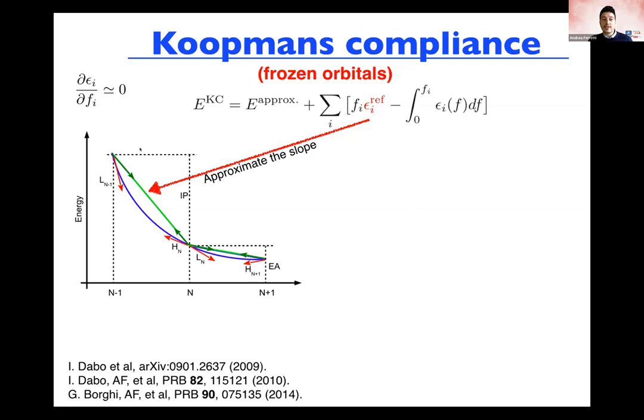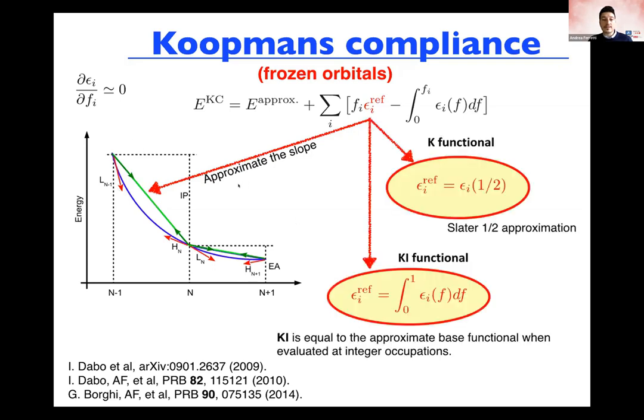So here we can have several options. We need to estimate this slope, and that can be done by means of a Slater one-half approximation. That is, we take the derivative in the middle point, or in the Ki functions, by means really of taking the slope out of the finite difference.